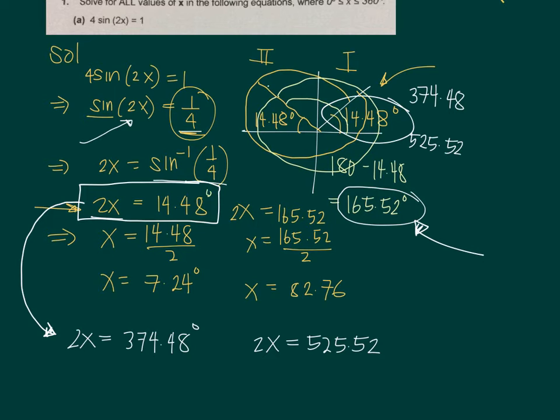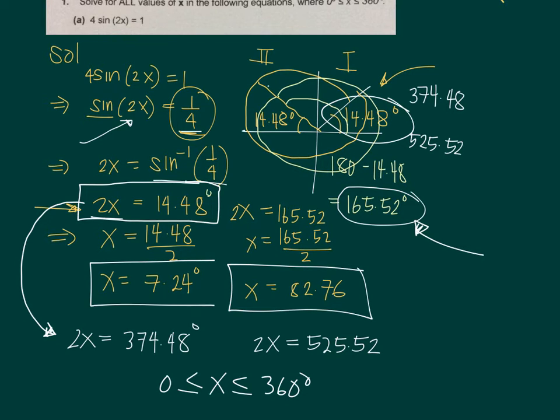And we considered these two angles because the limit of x is from 0 to 360. And if you look at the first x that we obtained, these two angles are like three quadrants more before you reach 360.